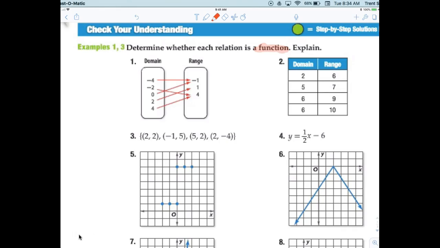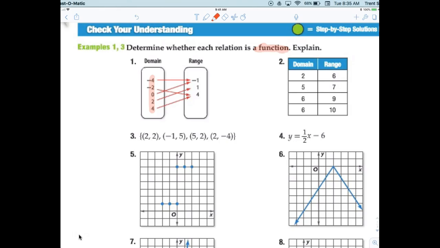That's how important functions are. So what exactly is a function? A function is a relation in which the x value has a single y value. Every x has a single y. So let's see if you understand my definition.